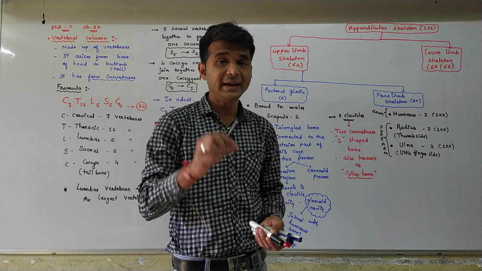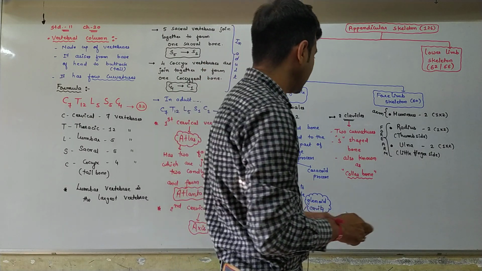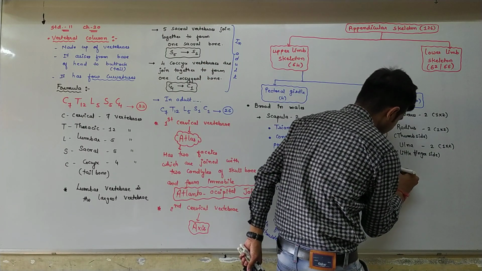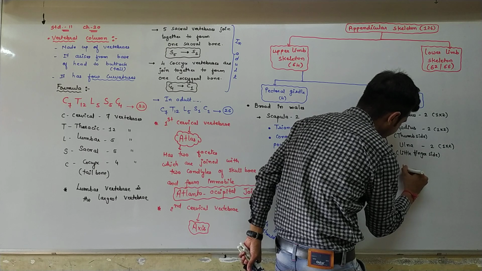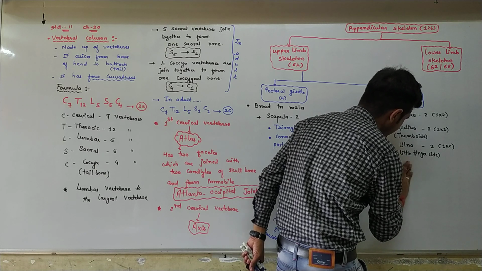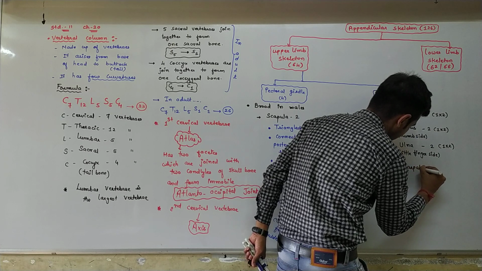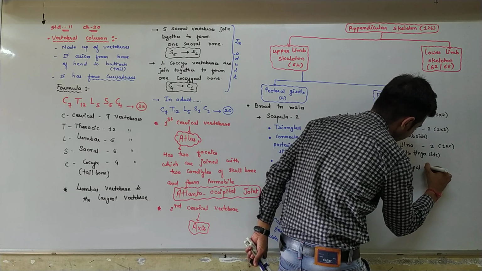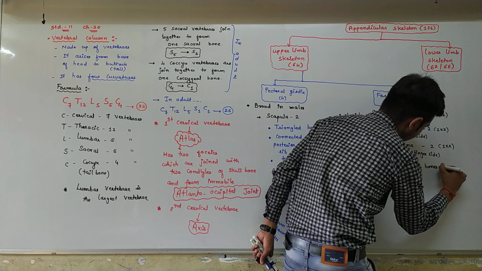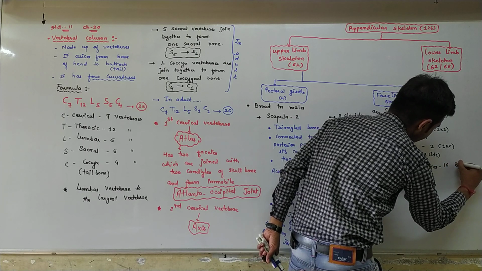Wrist. In our wrist, 8 bones are there. These bones are known as carpals, carpal bones. 16 are there, 8 into 2.